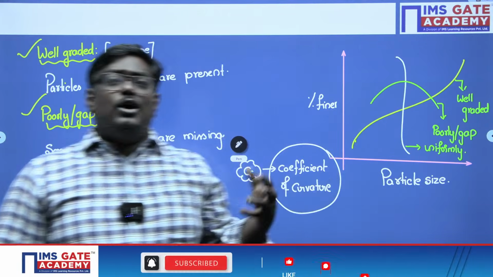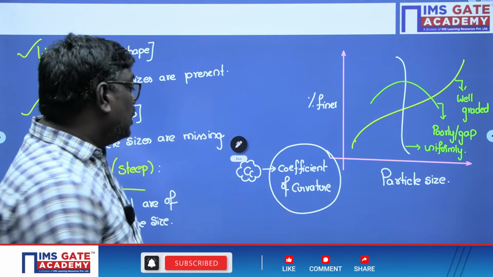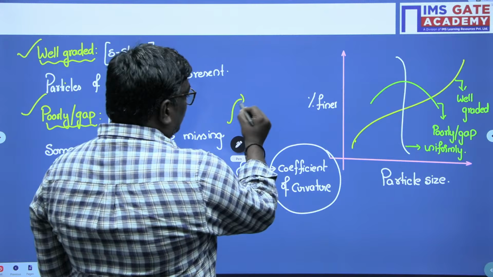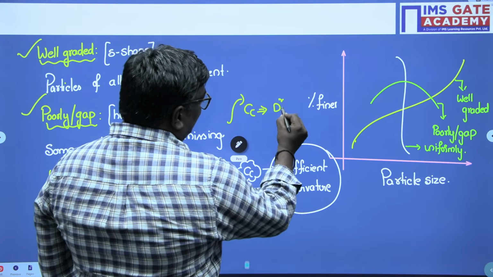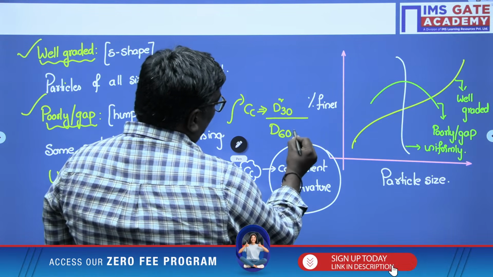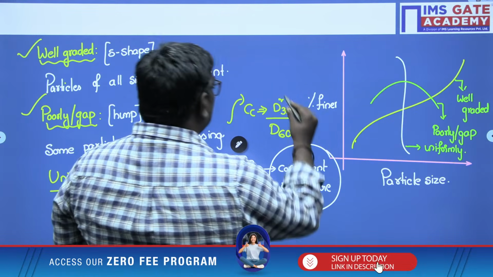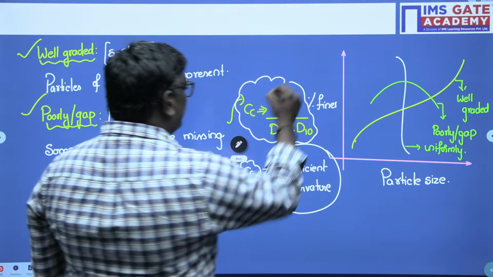CC is given by the formula D30 squared upon D60 into D10, my dear students. So CC gives you an idea about the shape of the curve.